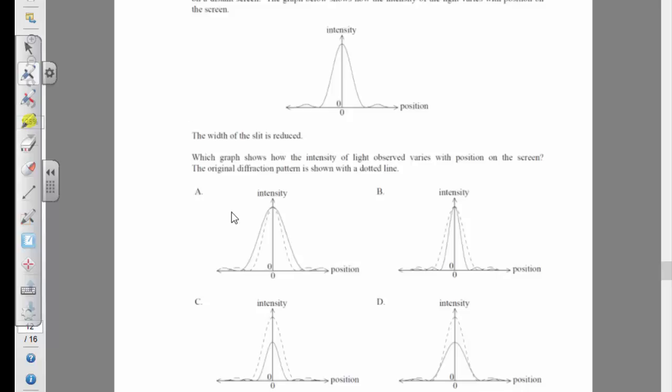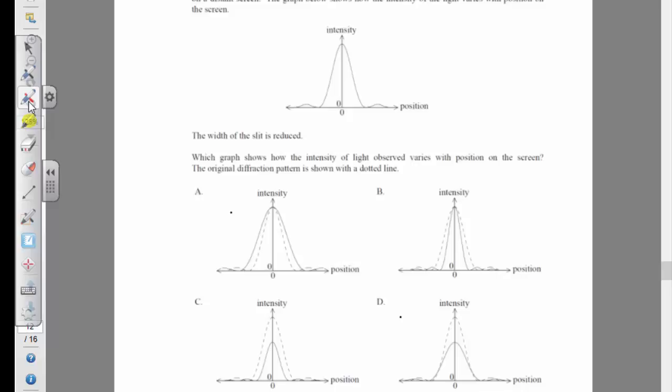So it's going to be either A, so it's going to be wider than the original one, or it could potentially be D. If you look really carefully, that one is also spread out. And so which one is going to be the correct one? Well, the intensity, would that drop in this case?